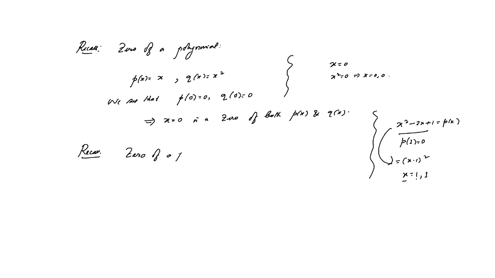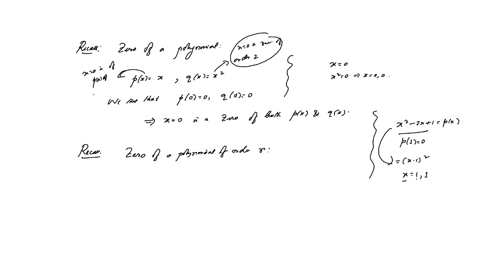So here we can talk about a zero of a polynomial of order r. Here x equals 0 is a zero of x square of order 2, and x equals 0 is also a zero of p(x) of order 1.